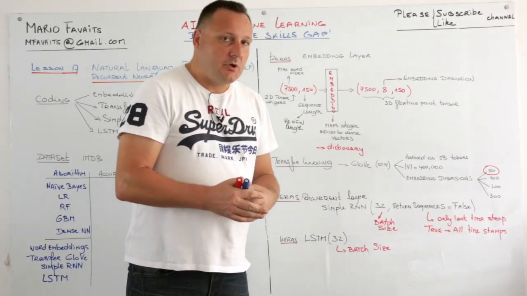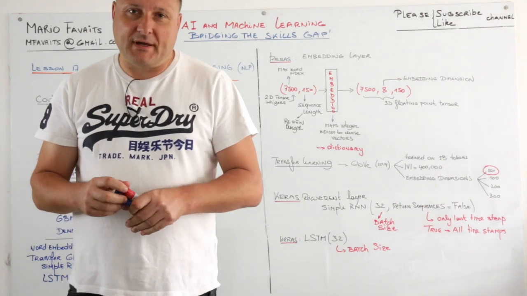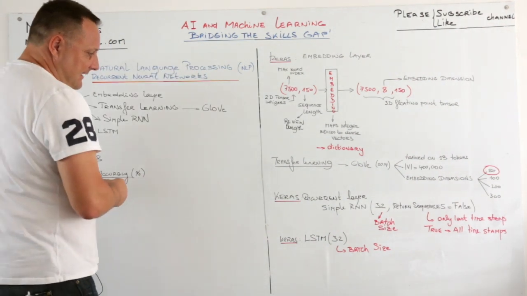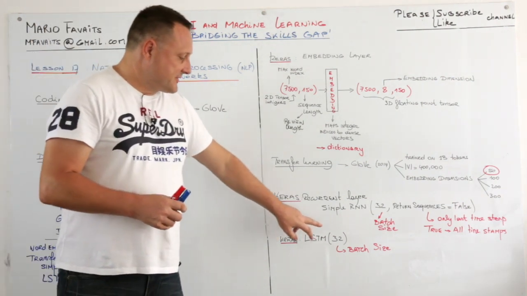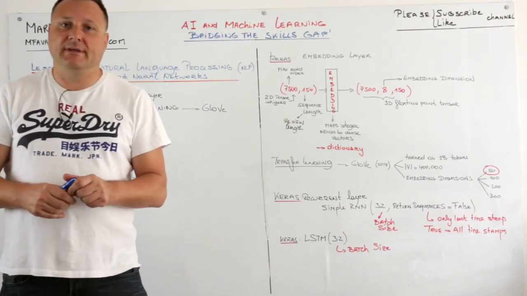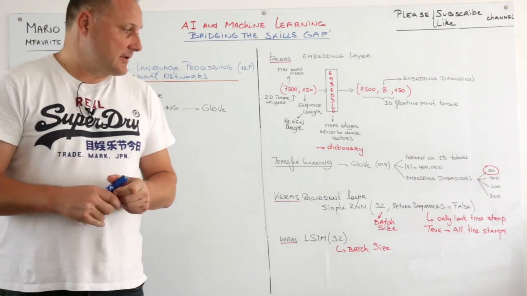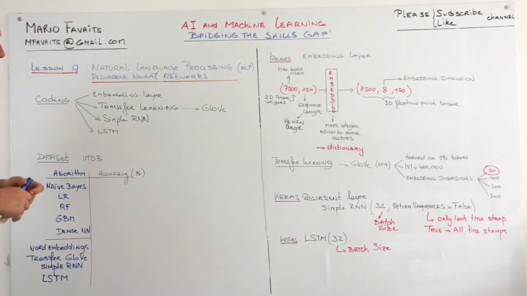If it is true, you will get the results at every timestamp. And then at the end we have another layer, LSTM, which also takes the batch size as an argument, in our case 32. Alright, so let's take a look at it and see what the results are.